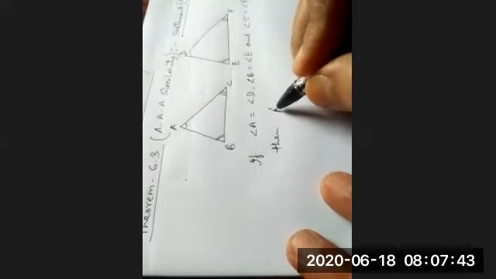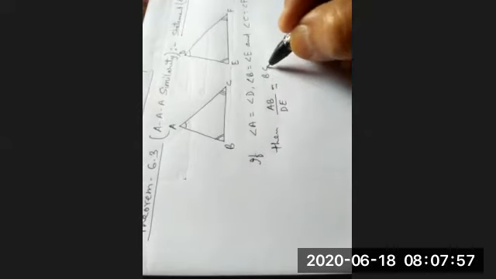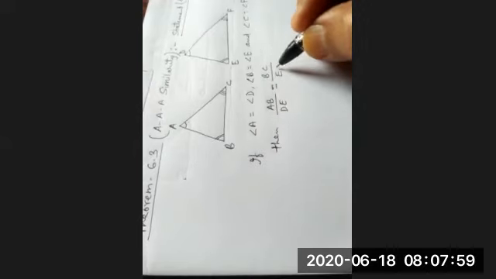Means what? The ratio of the corresponding sides: AB by DE is equal to BC by EF and is equal to AC by DF.